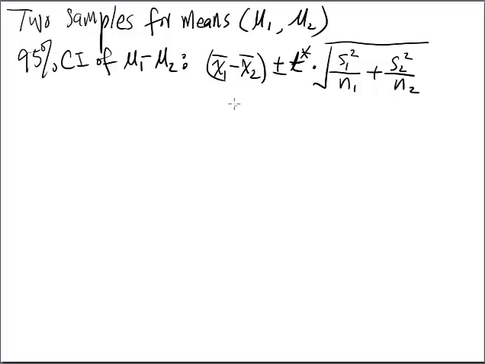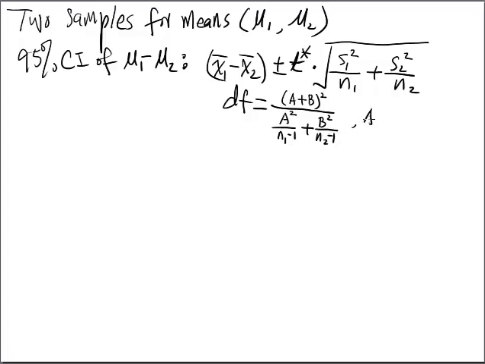and degree of freedom is equal to, remember this very complicated formula? That is A plus B squared over A squared over n1 minus 1 plus B squared over n2 minus 1.